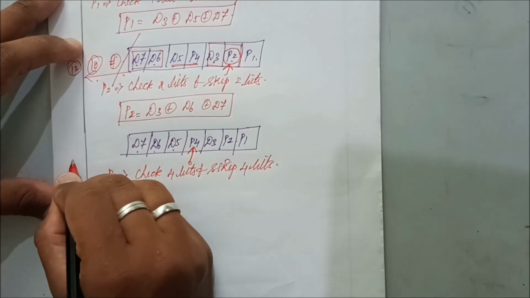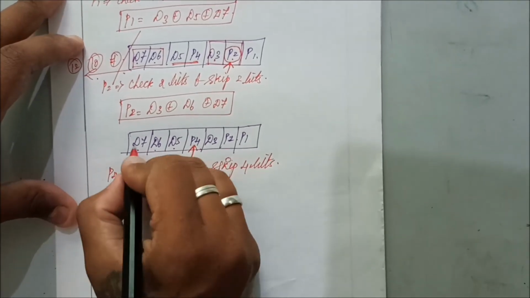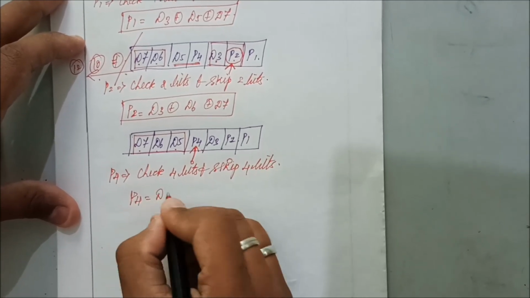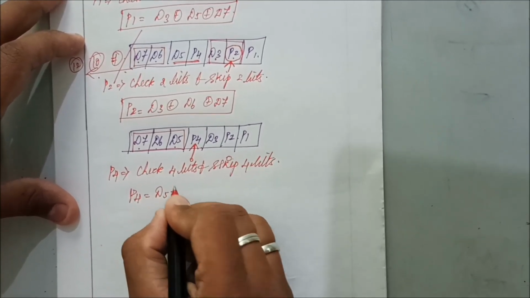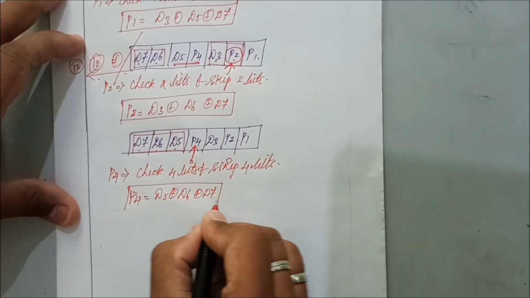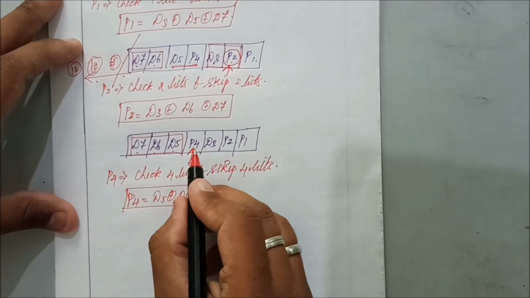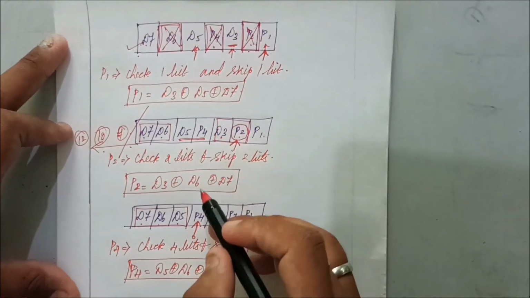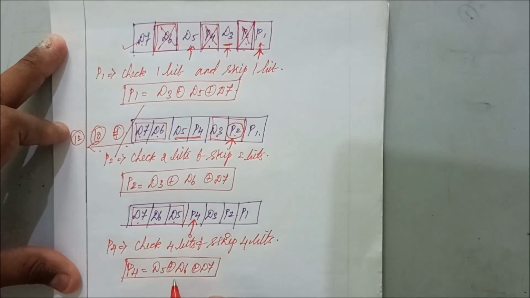After this there are no bits to skip. So we have to write the values as D5, D6 and D7. So the P4 value will be equal to D5 XOR D6 XOR D7. Why? Because these D5, D6, D7 are associated with P4. So this is how we have to find the values of P1, P2 and P4.